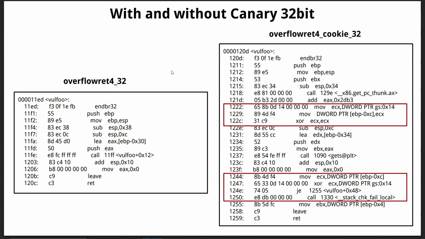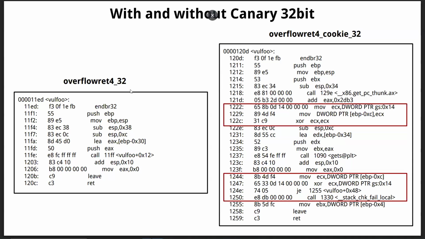We exclusive OR them, which is basically the same as a compare. If they are equal, we keep going. Otherwise, it calls another libc function called __stack_chk_fail_local. That libc function will print out stack overflow detected.